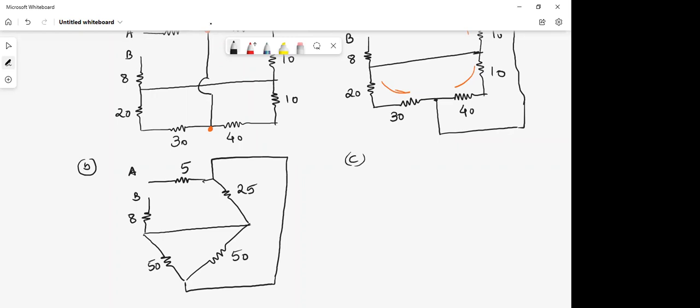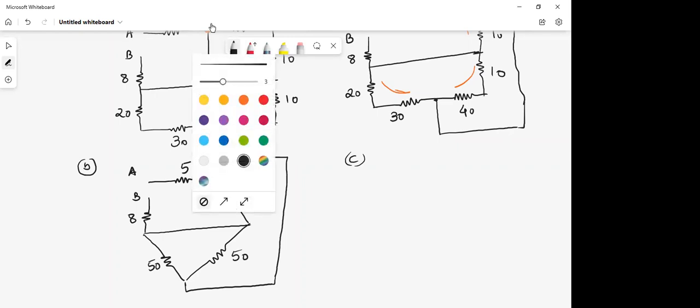Now, further, things are much more straightforward. These 2 points are shorted, and therefore they can be merged together.